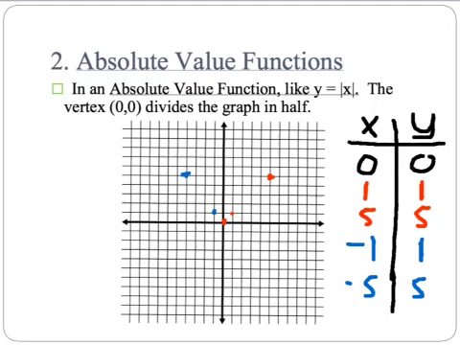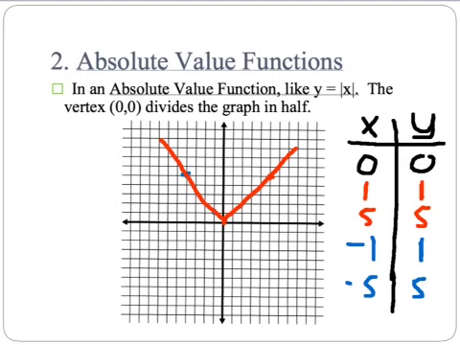So the graph of this absolute value function, y equals the absolute value of x, looks like this. Right here, (0, 0) is the vertex of the graph.